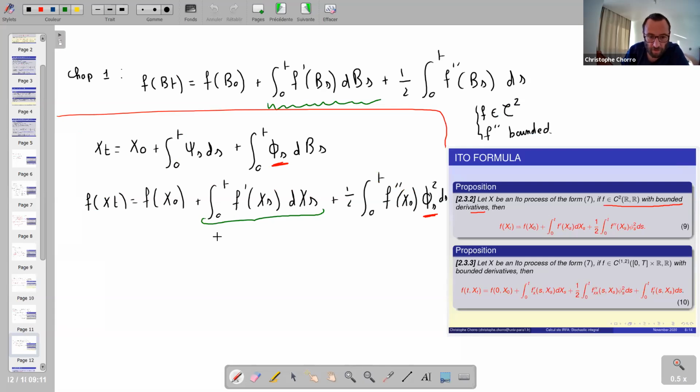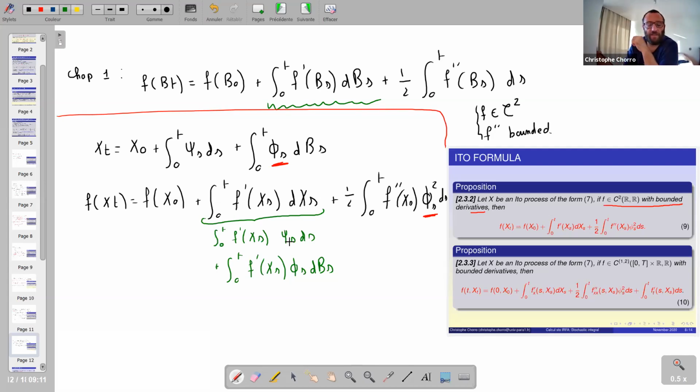So, to keep in mind, I have the integral between 0 and t of f prime of Xs psi of s ds plus the integral between 0 and t of f prime of Xs phi of s dBs. It's what I defined in the previous slide, the integral with respect to an Ito process.